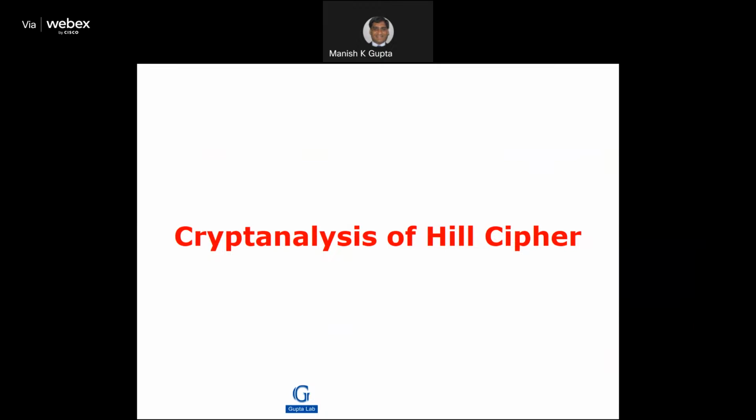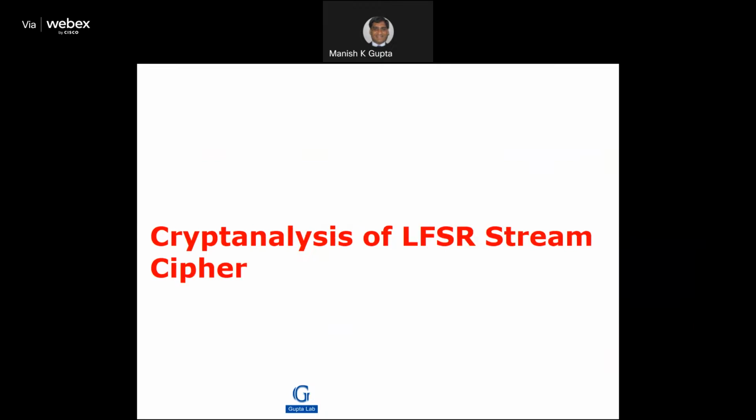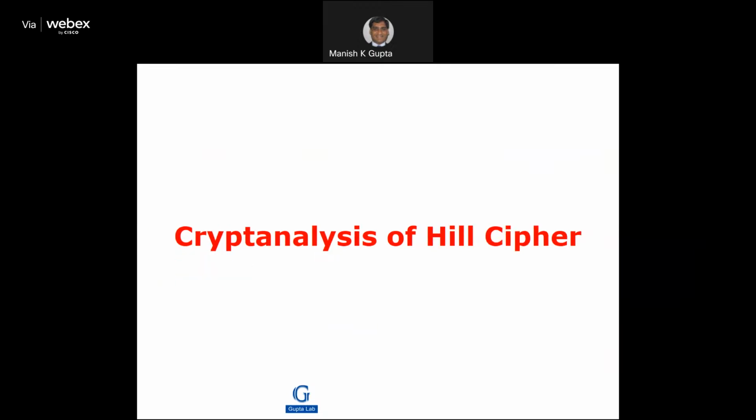I'm not going to do it. What they do is, the ciphertext and the plain text both are given to you, and you try to find the key, that matrix. That is the key idea here. So cryptanalysis of Hill cipher we are not going to do, and this is also we are not doing. In the first course we don't do this LFSR stream cipher. These are tricky things. So these two things we are leaving.